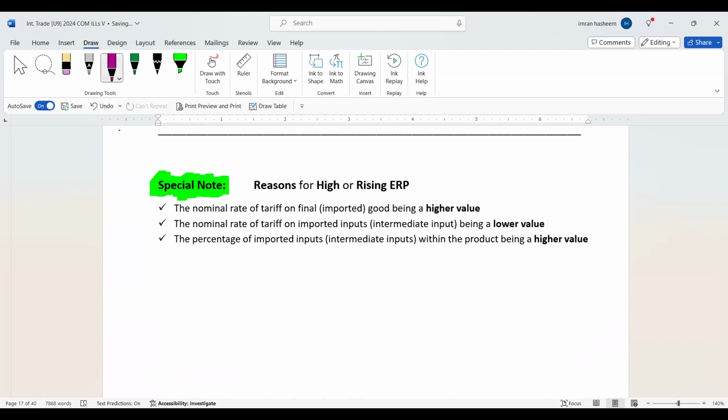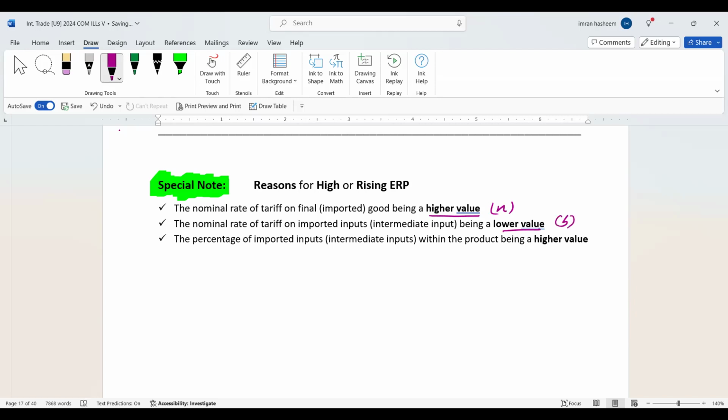First thing you have to do is make sure the nominal rate of tariff on the final imported good, that is the N component, is a high value. Secondly, the nominal rate of tariff on imported intermediate inputs should be a low value. Charge a low value on the imported inputs, that is the B component.